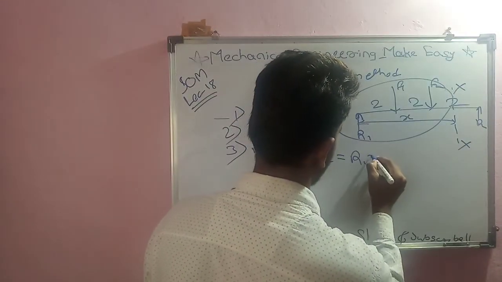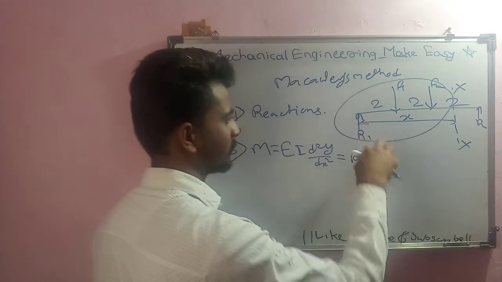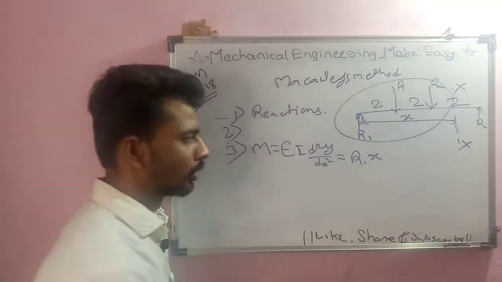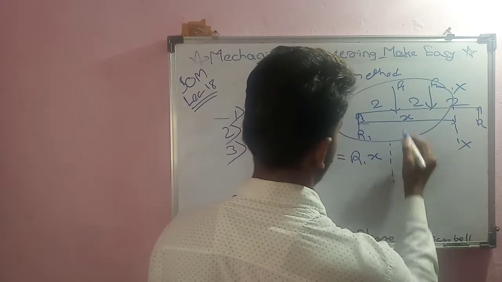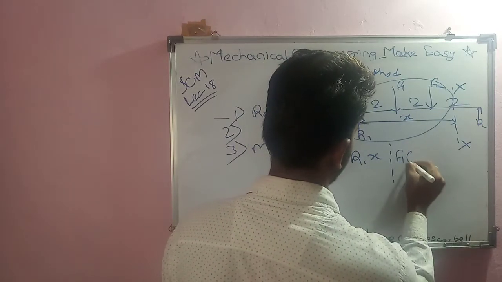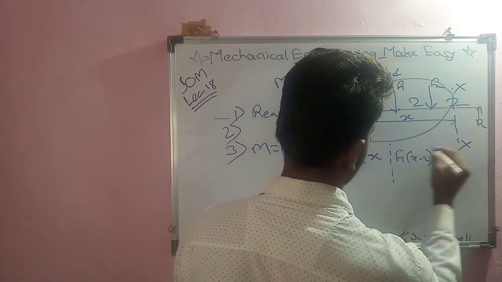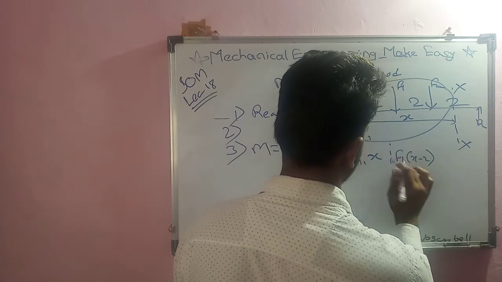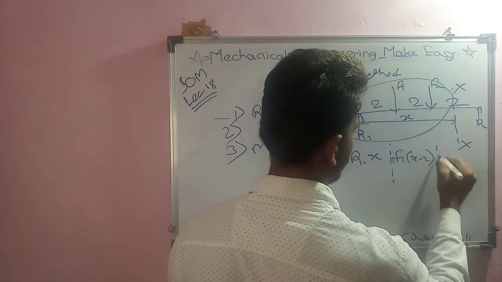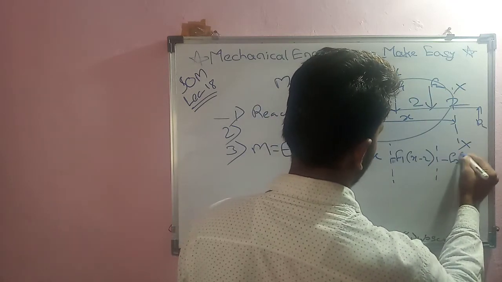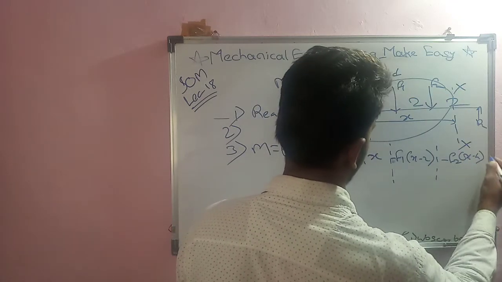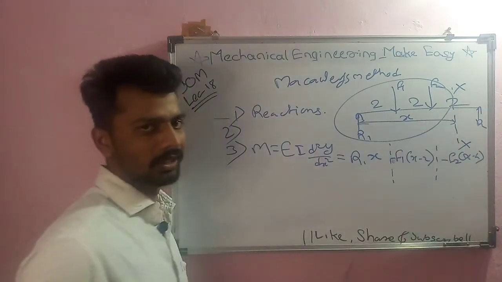So R1 into x, this will be the moment, and as this is sagging, it will be positive. Then another is F1 into (x minus 2), this will be minus. Then another section again minus F2 into (x minus 4). These are all the forces we have considered.